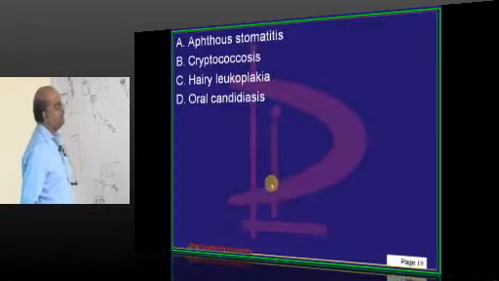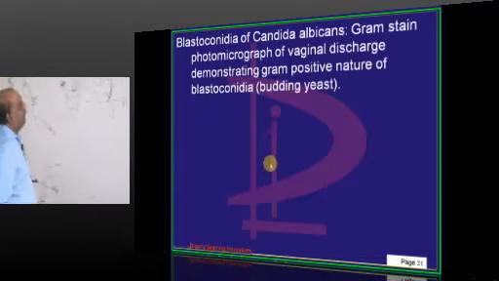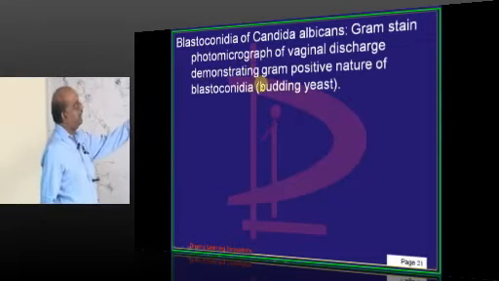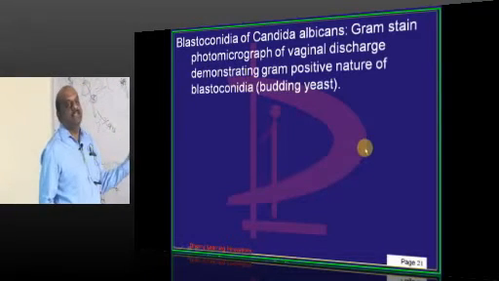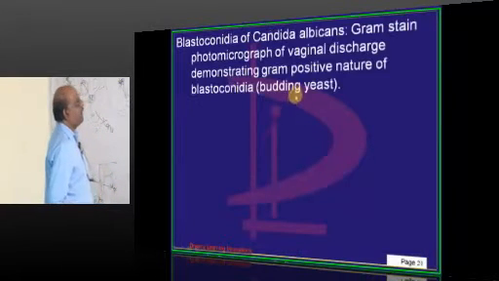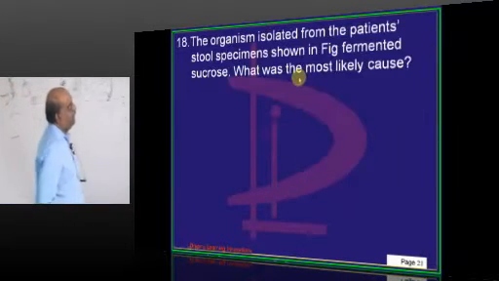So what is this organism that you are seeing? Fundamentally they are called blastoconidia, that is, the budding yeast are called blastoconidia of Candida albicans. In this HIV positive patient, oral candidiasis is very common, is what needs to be remembered.